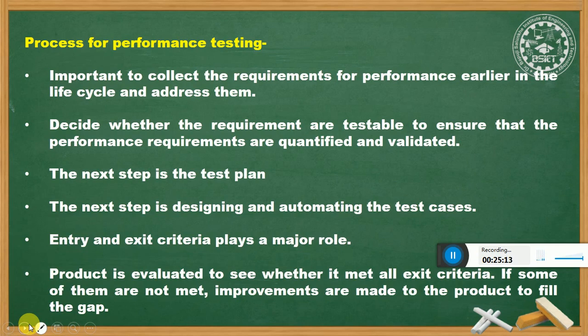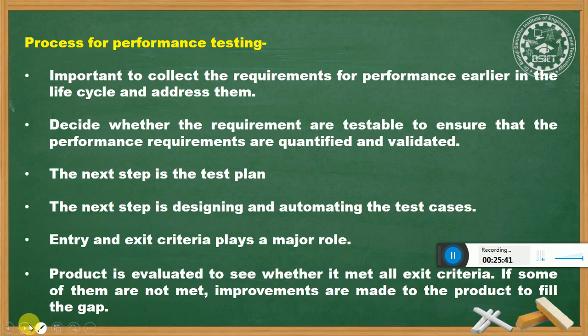The next step is the test plan, where we need to have the details of resource requirements, test lab with all required equipment and software configuration prior to execution, responsibilities of the team, entry and exit criteria.